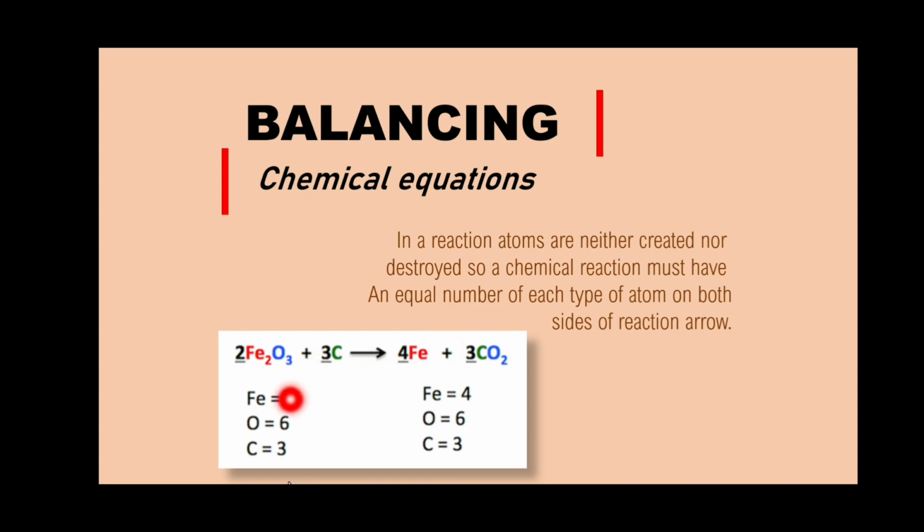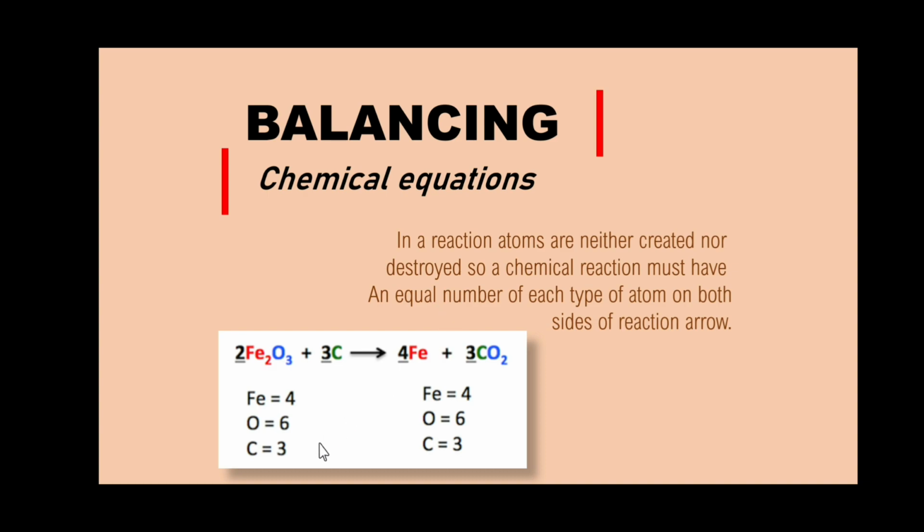In this example, on the reactant side, 4 iron atoms are there. On the product side we also find 4 iron atoms. And oxygen carries 6 atoms on both the reactant and product side.